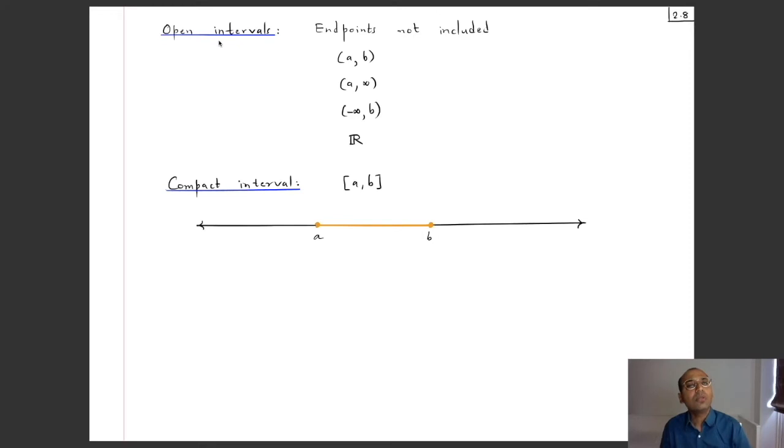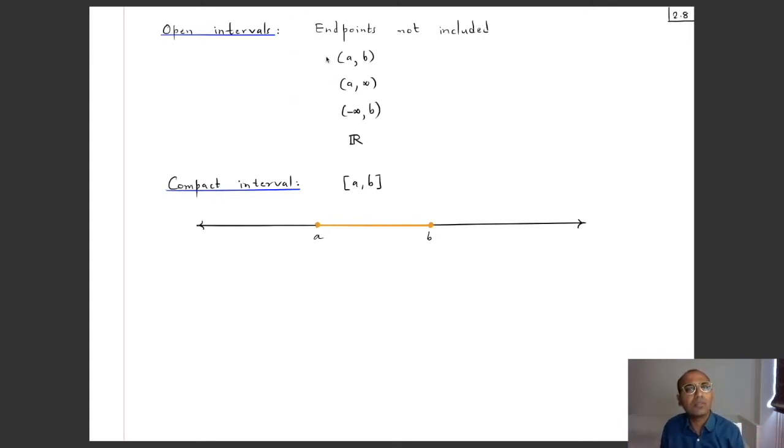And also important are these kind of intervals which we refer to as open intervals. This just means that the endpoints are not included. So the sets, a bounded set like (a, b), or a half ray starting from a onwards, but a is not included, or a half ray in the other direction from minus infinity to b, anything less than b, and b is not included, or the whole of R. None of the endpoints are there, and you're looking at all the real numbers.